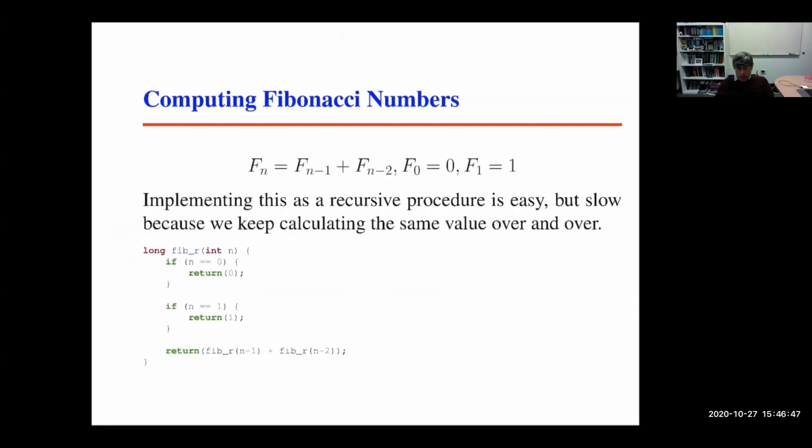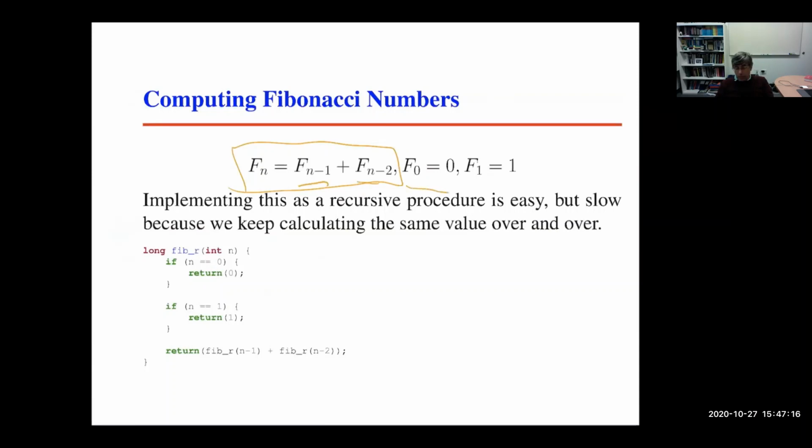Okay. The most famous series, perhaps, that is generated using recurrence relations is the Fibonacci numbers, okay? Where we say the nth Fibonacci number is the sum of the n minus first and n minus second Fibonacci numbers. So here, because this is a recurrence with a history of 2, we need 2 initializations.